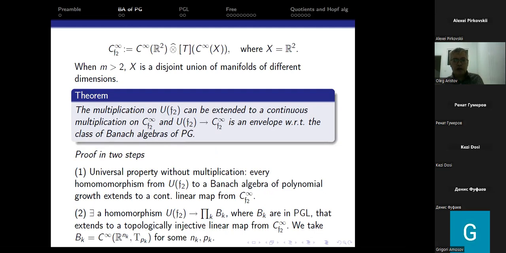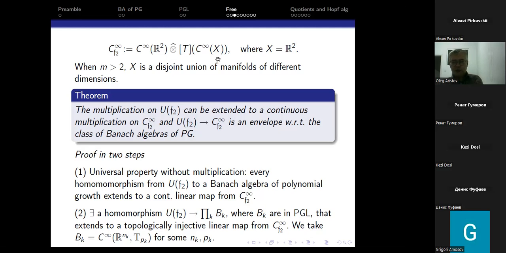So we denote by C infinity F2 the following space: the tensor product of C infinity of R2 and the formal tensor algebra of C infinity of X, where X again is R2, but in the general case X is not the same as on the left, it is a disjoint union of some manifolds of different dimensions.